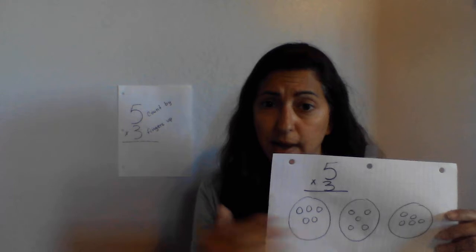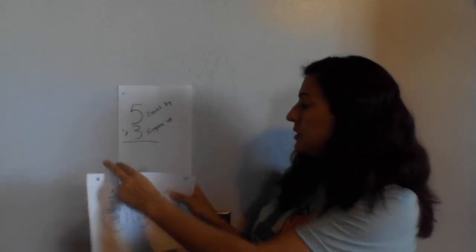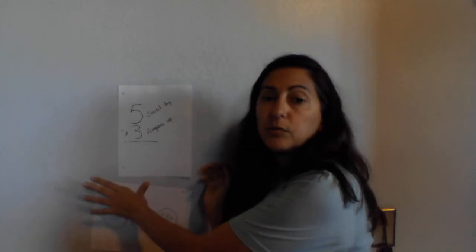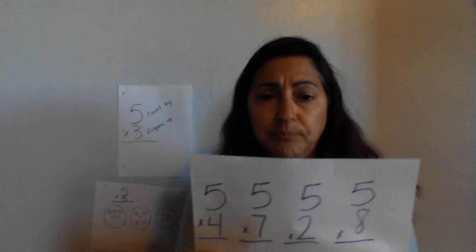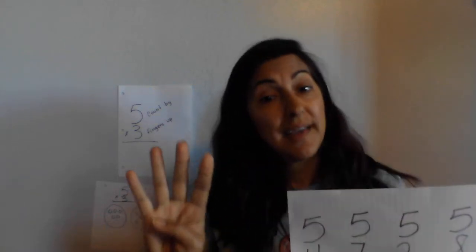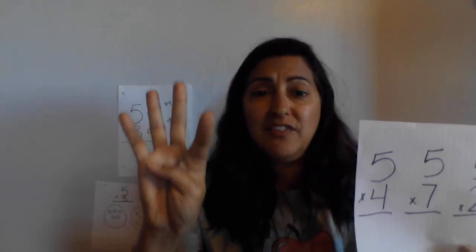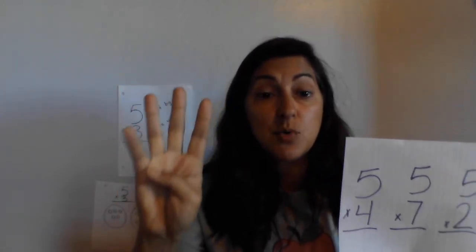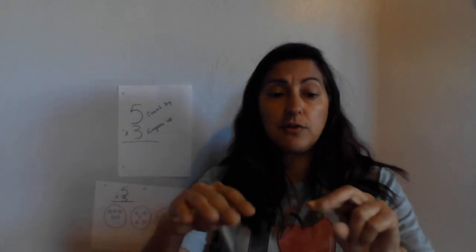So we'll refer back to the count by number and the fingers up number and the picture as we are working on multiplication. So first one, 5 times 4, 4 fingers up, counting by fives. So put your fingers up, count it with me. 5, 10, 15, 20. And on the next one, 5 times 7, we have 7 fingers up.